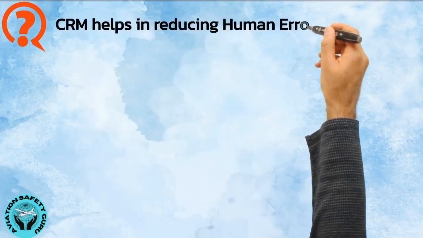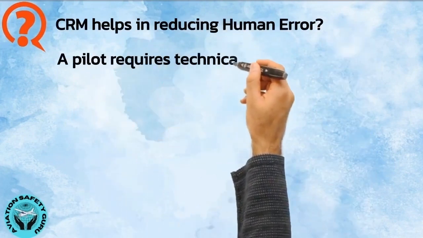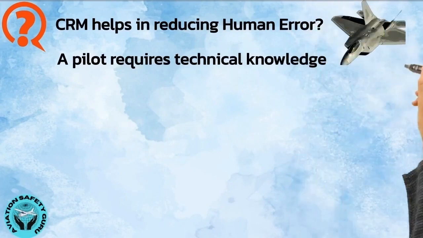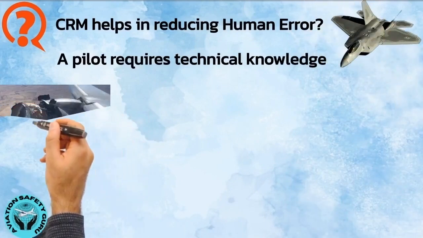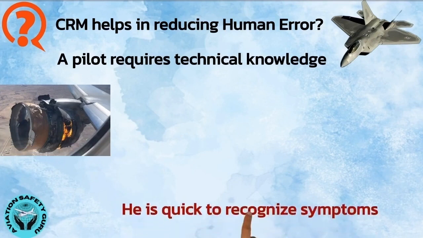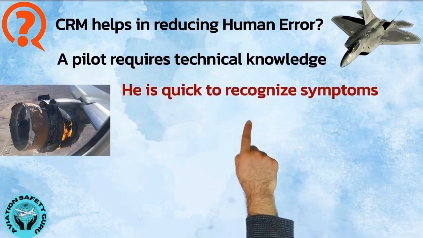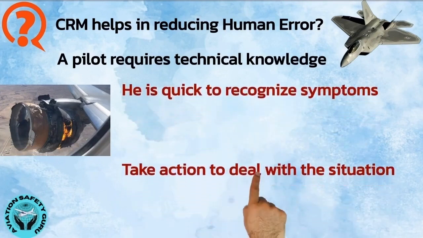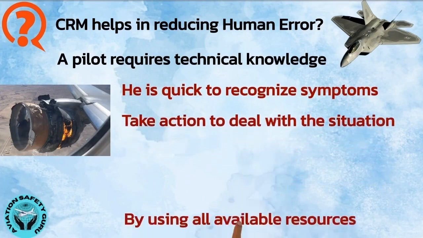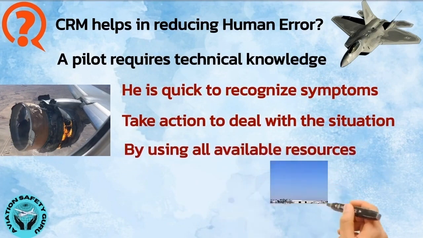One may ask, how does CRM help in reducing human error? A pilot requires technical knowledge about the aircraft, so that, whenever any system breaks down, he is quick to recognize symptoms and take action to deal with the situation by using all available resources.